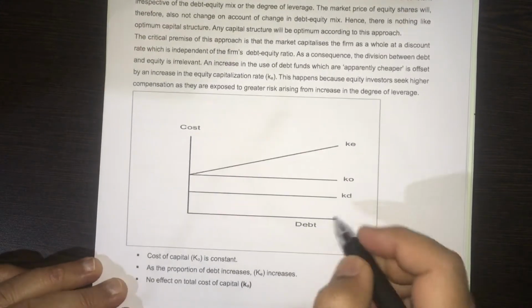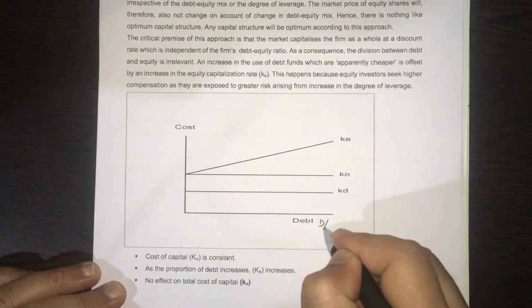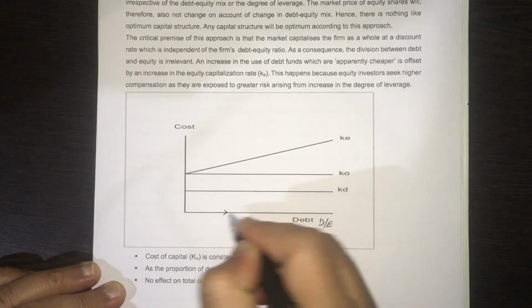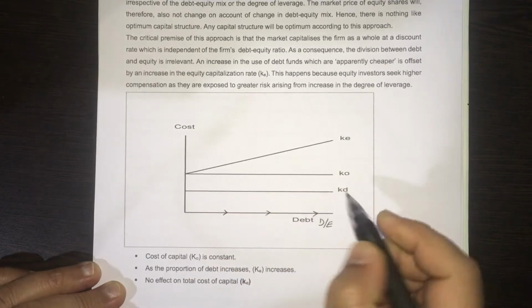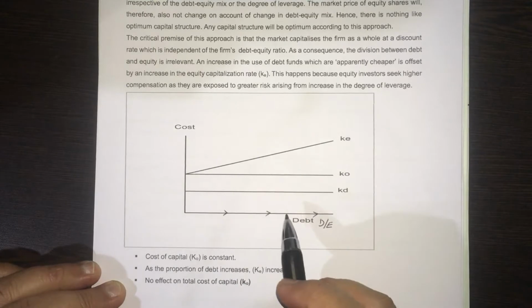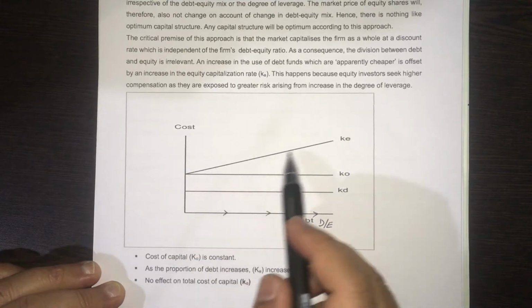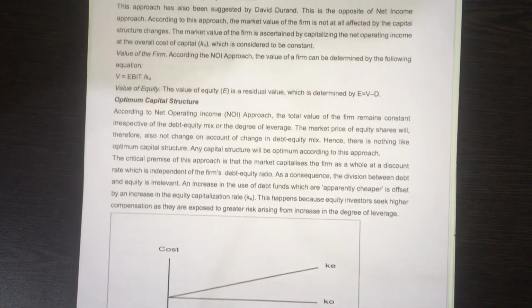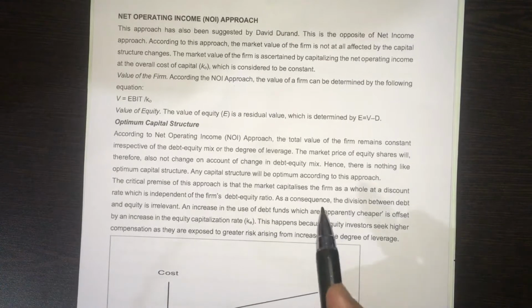So as the debt equity ratio increases, KD and KO remain the same, but what will increase is KE, the cost of equity.